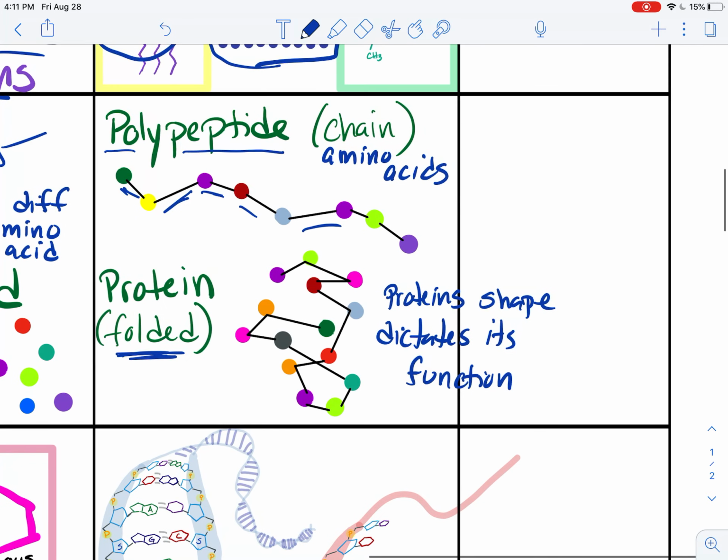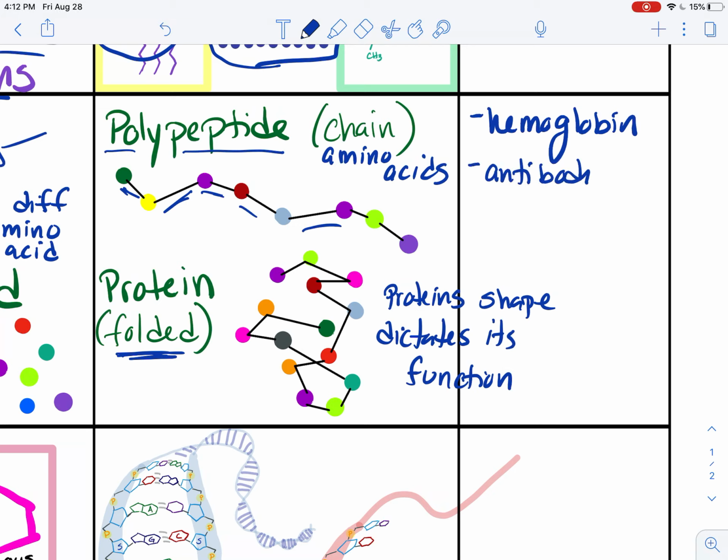So what are some examples of proteins? Well, we've got transport proteins like hemoglobin. So hemoglobin is a protein in your blood cells that helps transport oxygen. We've got important proteins in your immune system called antibodies. So we've got enzymes in your body like lactase, which we'll be using later this week.